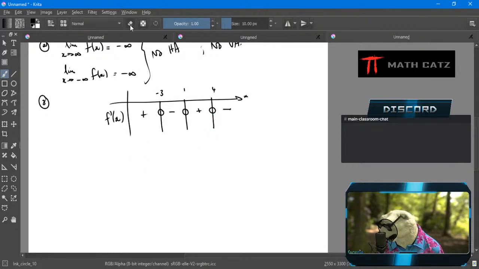That seems very polynomial-like to me. No asymptotes, just horizontal tangent lines. So I have a positive slope, horizontal tangent, negative slope. Negative slope, horizontal tangent, positive slope, positive, horizontal, negative. All right, that seems pretty easy. Do they give me any y values?